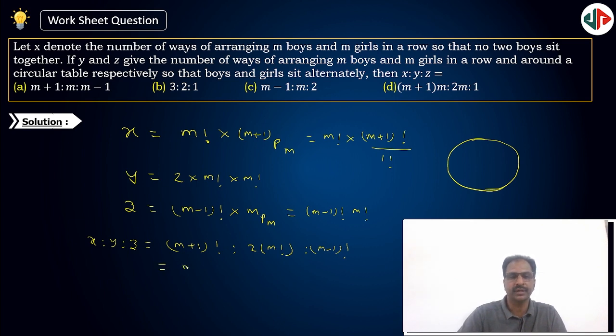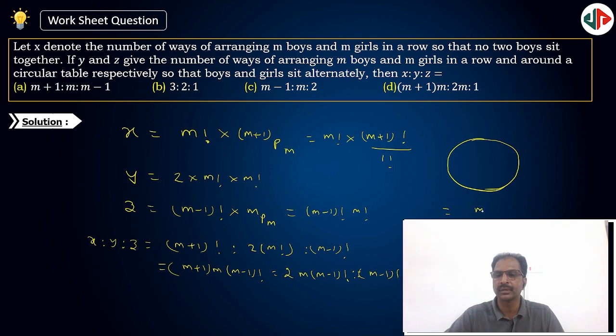Now M plus 1 factorial can also be written as M plus 1 into M into M minus 1 factorial. 2 into M factorial can be written as 2 into M into M minus 1 factorial. Now you can cancel M minus 1 factorial also. So what you get then? M plus 1 into M : 2M : 1 after cancelling. So the answer is (M plus 1) : 2 : 1.